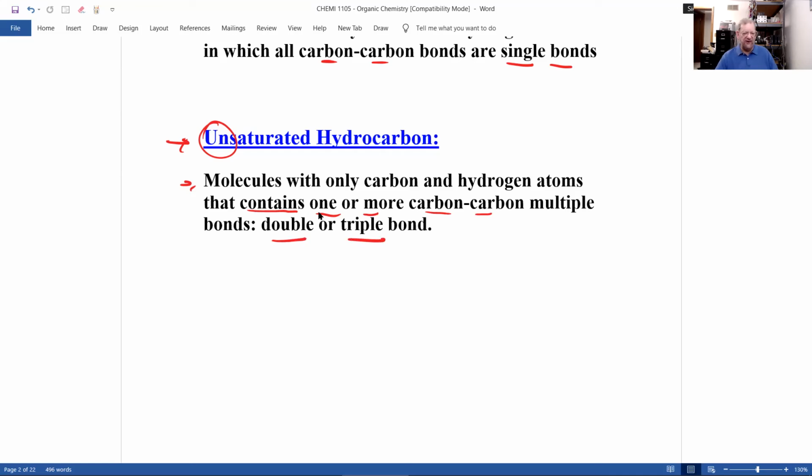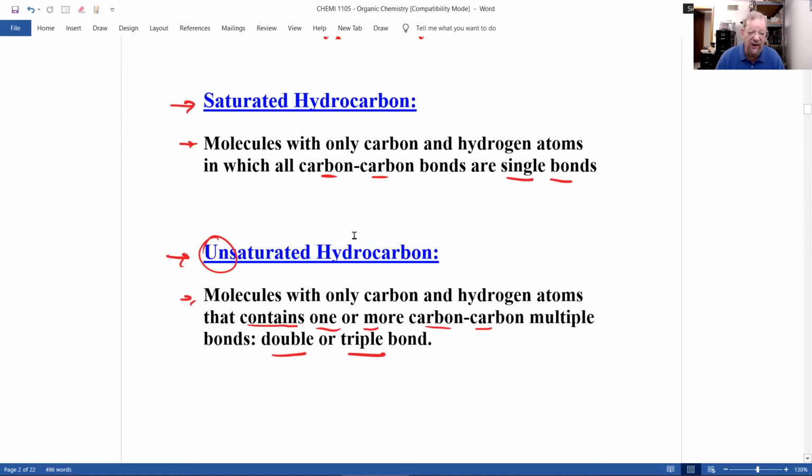So unsaturated hydrocarbons have carbon and hydrogen atoms, but a double or triple bond, and also carbon-carbon single bonds, but a saturated hydrocarbon has only carbon-carbon single bonds and only carbon and hydrogen atoms.